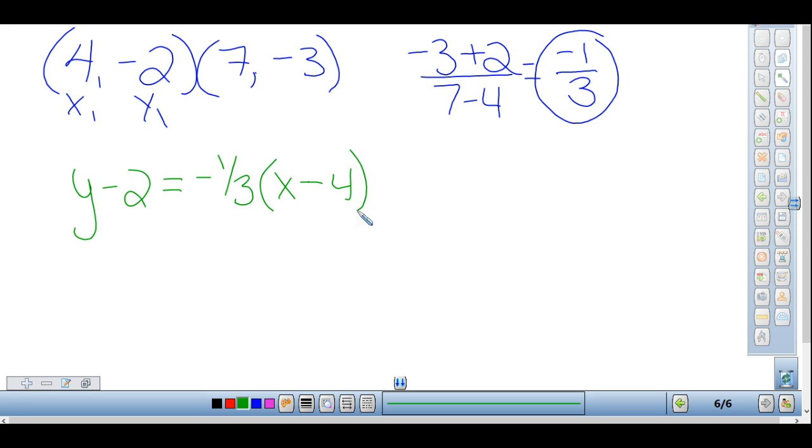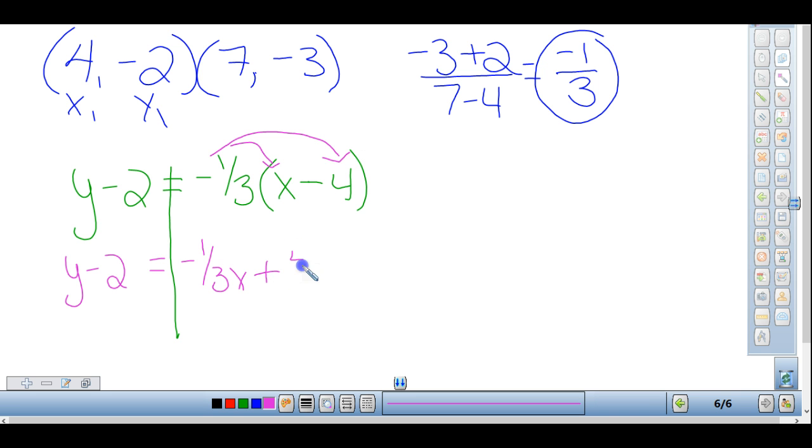You're going to need your calculator because sometimes you're going to have fractions like this and you cannot freak out. Just punch them in, because our next step is going to be to distribute. So y minus 2 equals negative 1/3 x, plus we multiply negative 1/3 times negative 4 in your calculator, and we get plus 4/3.